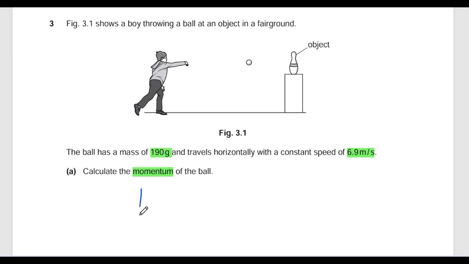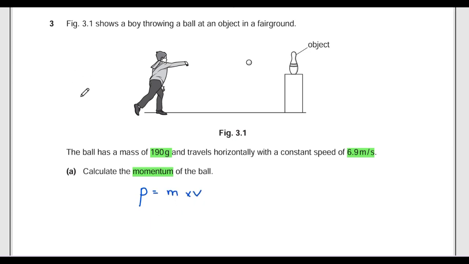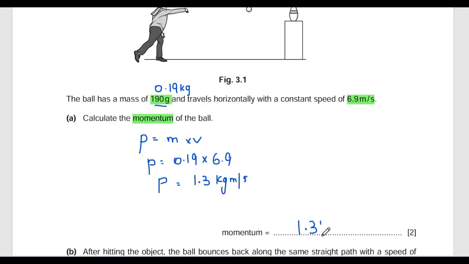As we know, momentum is equal to the mass of the object times the velocity of the object, and they have already given us the mass of the ball, which is 190 gram. Let me convert it into kilogram. It would be 0.19 kilogram times 6.9 meter per second, and the momentum of the ball would be 1.3 kilogram meter per second. Writing it into the place that is provided.